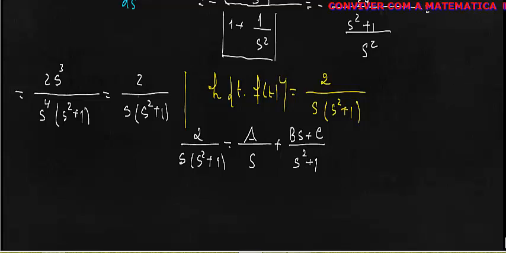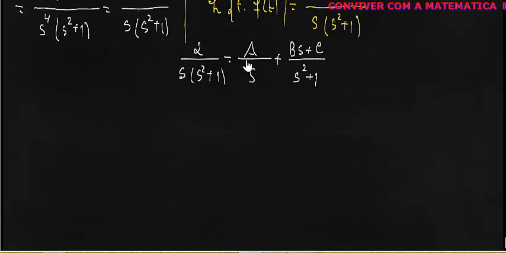Okay? And now I must calculate the values of a, b, and c. So let's put here s squared plus 1 and here s, and let's make the calculations. At the denominator I will get s times s squared plus 1. Okay?